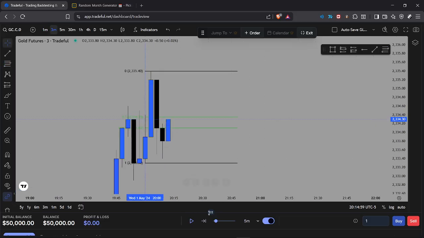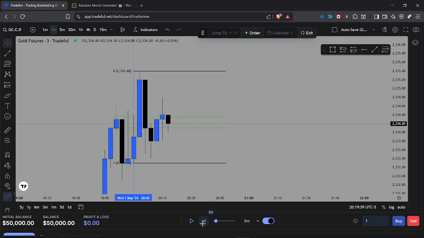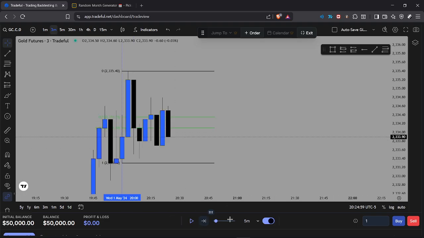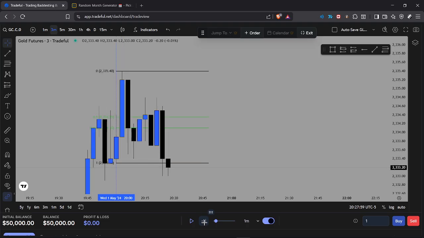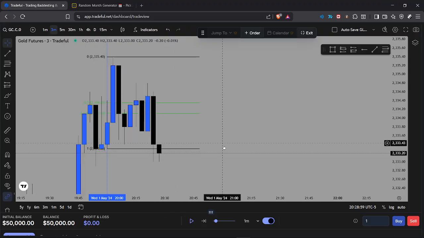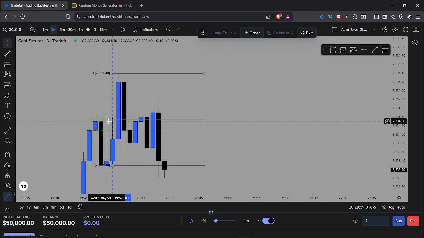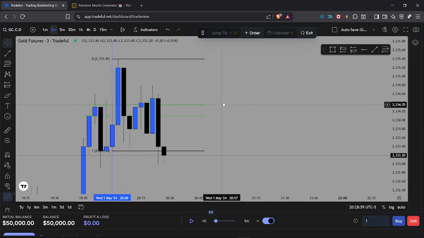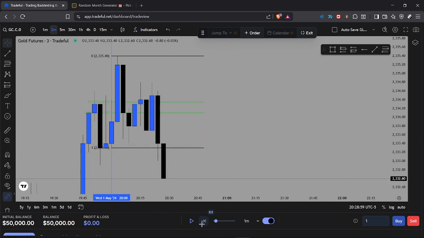And you have to wait for FVG to open up first before you can even look at anything. Okay, we have our FVG. So we are looking for longs or shorts, right?